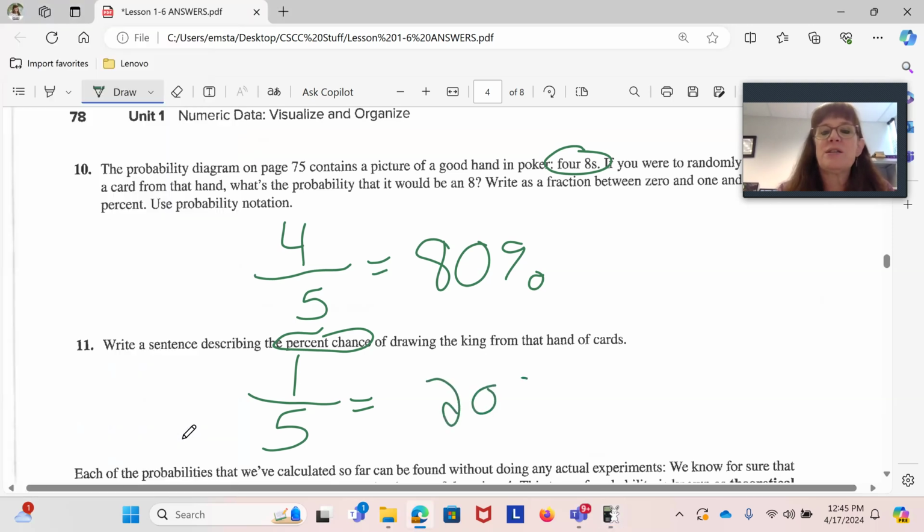So 20% of the time I would expect to pull the king out of the hand. Just a quick note, what is 80% plus 20%? It should be 100%. So the total possible outcomes would be 100%.